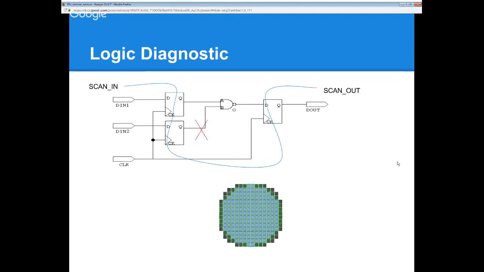And also I did some logic diagnostics for the chip. As I said, with the scan chain, we can detect defects inside the chip. So in production, we have many chips. Each chip is tested by the scan chain, and some chips fail because of some defect.